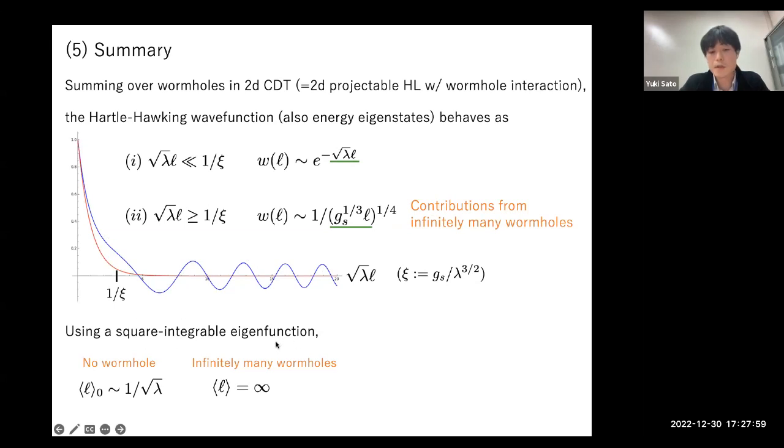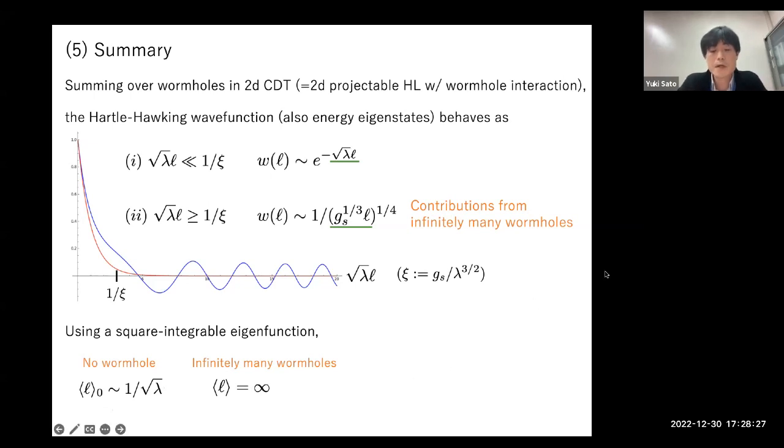And by using these eigenfunctions, we can estimate the size of the universe. When there is no wormhole at all, the size is fixed by the cosmological constant. On the other hand, if you include infinitely many wormholes, the size becomes extremely big, and it cannot be governed by the cosmological constant.